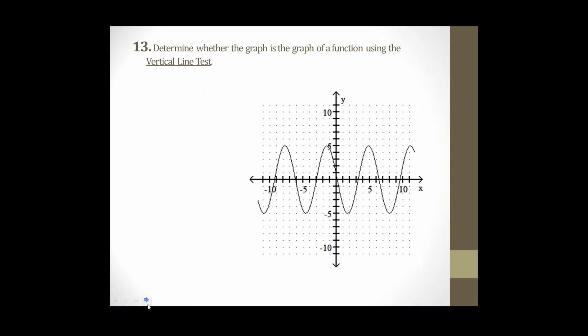Okay. Another graphing question. This one says determine whether the graph is the graph of a function using the vertical line test. So to determine if any graph is a function, you can use the vertical line test by drawing vertical lines.